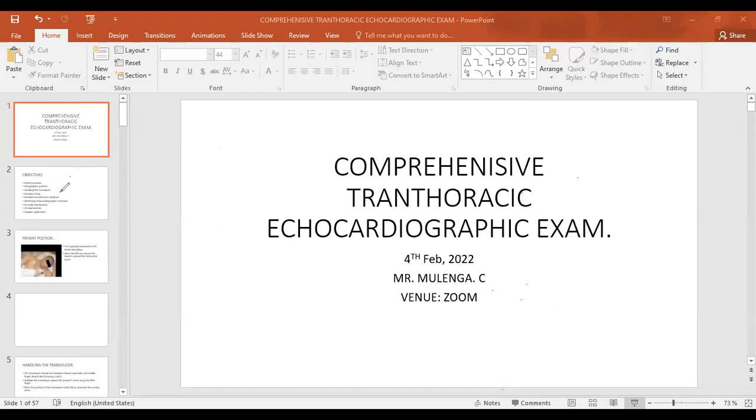You can see it still. Yeah, it has moved. It is on the comprehensive transthoracic echocardiography exam, right? It's on the first page, the title. Okay, is it on objectives now?